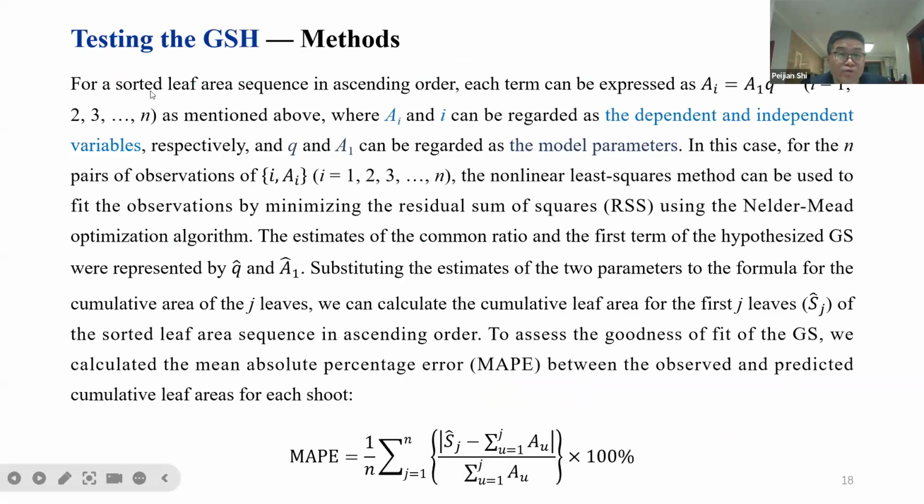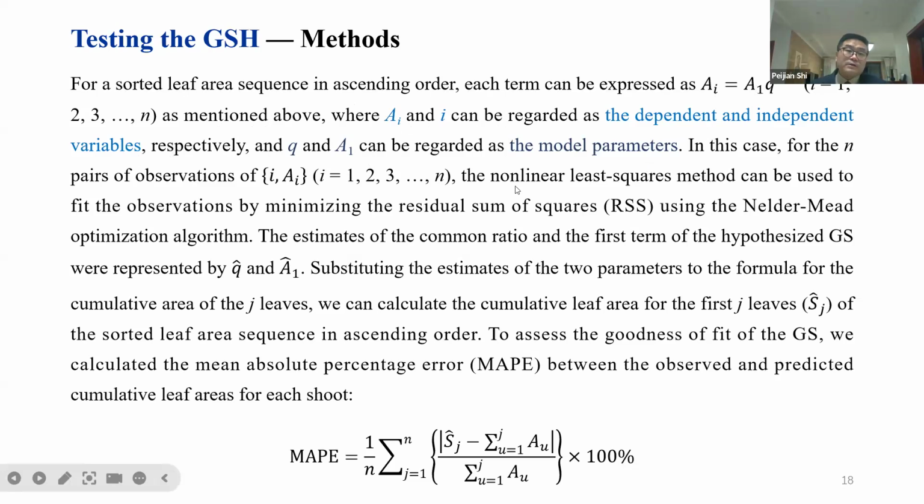For the sorted leaf area sequence in ascending order, each term can be expressed like this, as mentioned above, where AI and I can be regarded as the dependent and independent variables, respectively, and Q and A1, namely the first term of the GS, can be regarded as the model parameters.